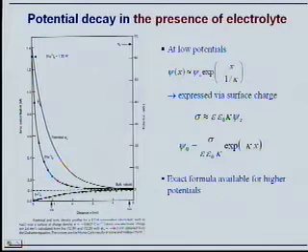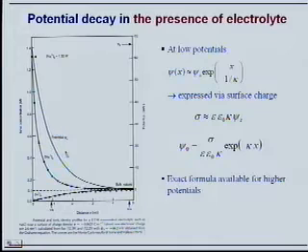So we have the distribution of the ions away from the surface. This is the actual calculation of that distribution. And you also have the potential from the surface decaying when you go further away from the surface. So last time we also derived the simplified expression at low potentials for the potential decay away from the surface.